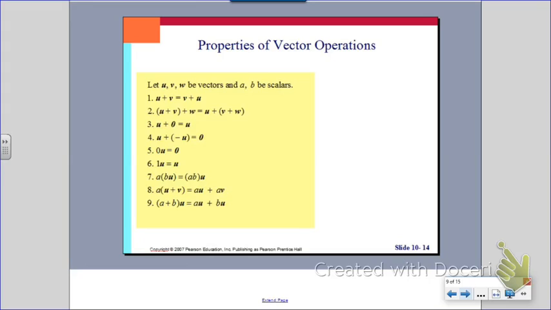Some other properties of vectors are the distributive property, adding two vectors, positive and negative, getting 0, multiplying by 0 you get 0, multiplying a vector by 1 you get the original vector, and so forth. You can take a look over all the properties of vectors. They work a lot like coordinate ordered pairs in a certain sense in terms of solving.